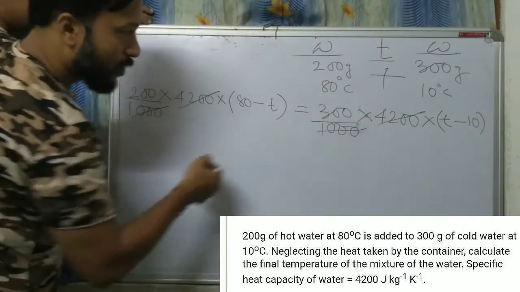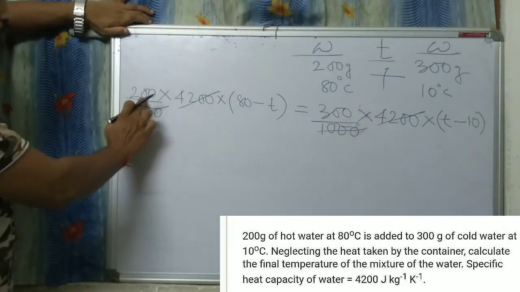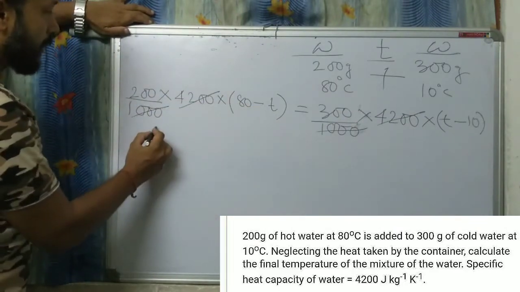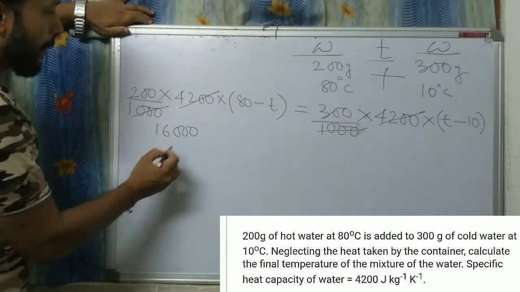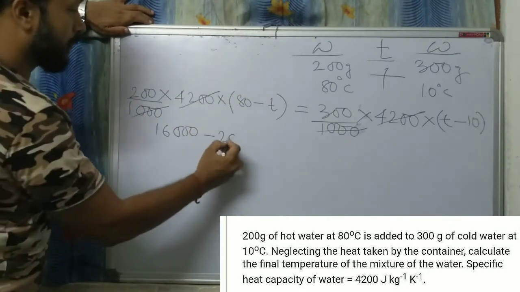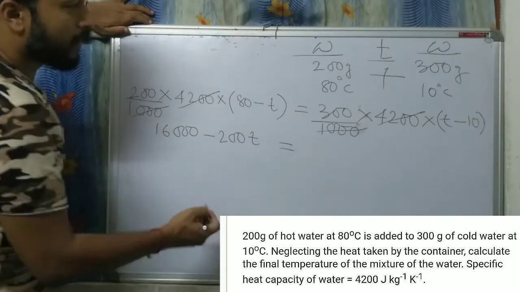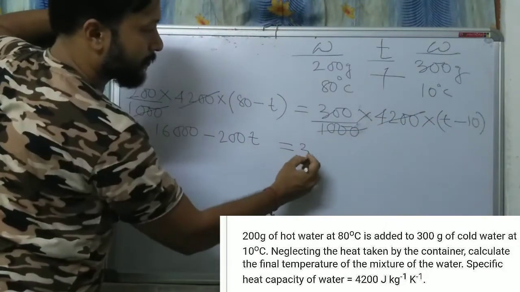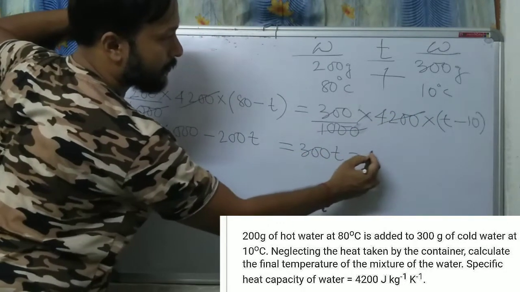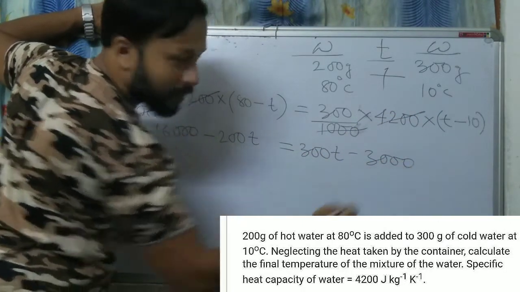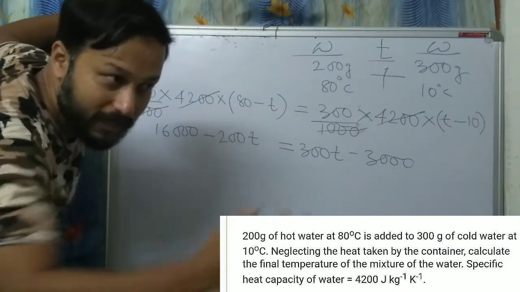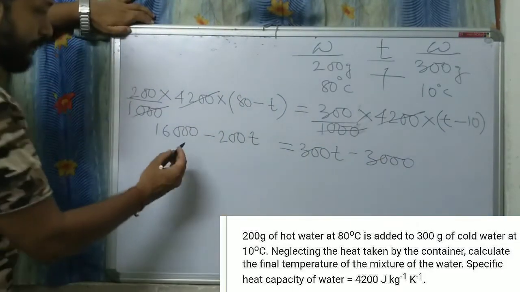1000 is also cancelled. So 200 into this, that is 16,000 minus 300 into this. Okay, let us take all the T to this side.